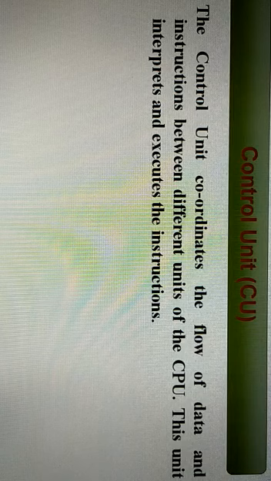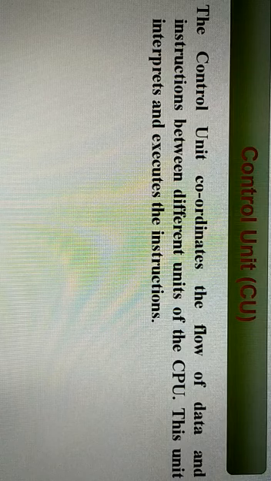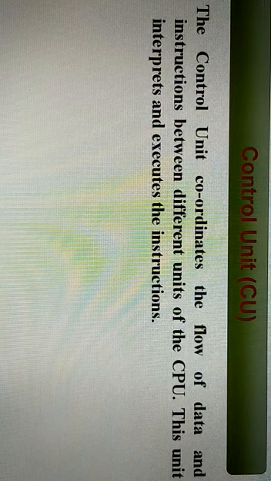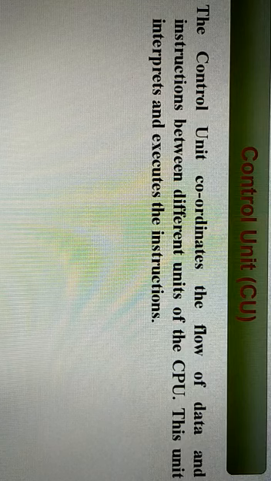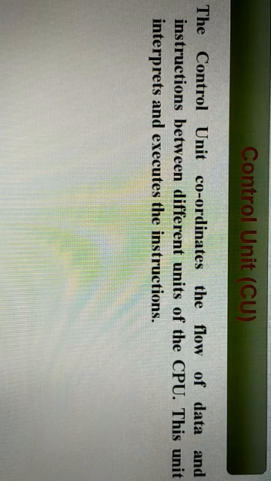As the name suggests, it controls all other units of the computer system, how to act and when to act. It means all the other units like the input unit, output unit, and memory unit all work according to the instructions of the control unit.